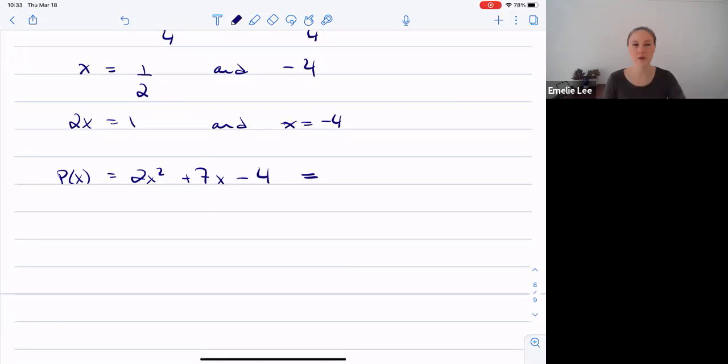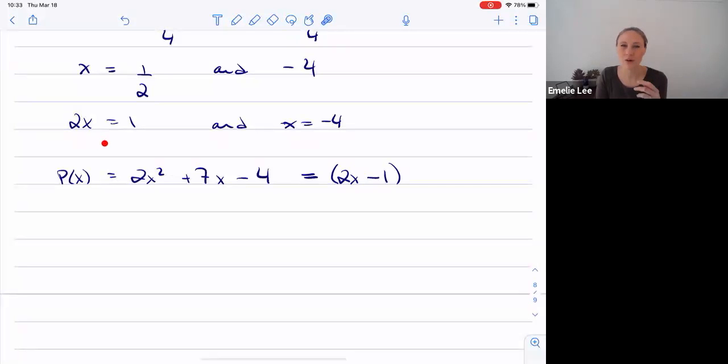We can also write it as 2x minus 1, because when 2x equals 1, it has to go to 0, times x plus 4, because when x equals negative 4, that term has to go to 0. As long as one of these is 0, it goes to 0.